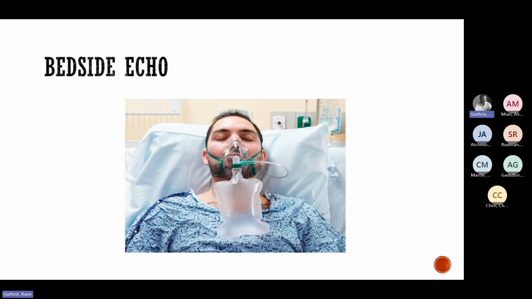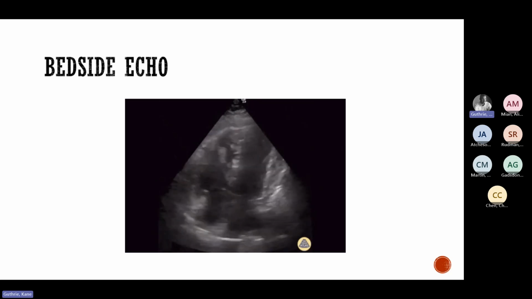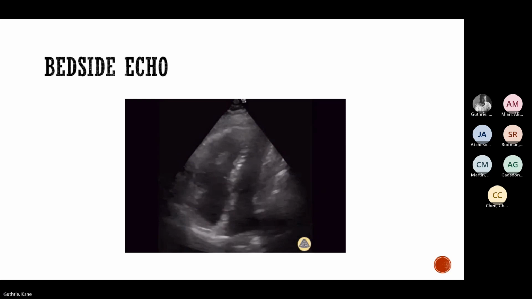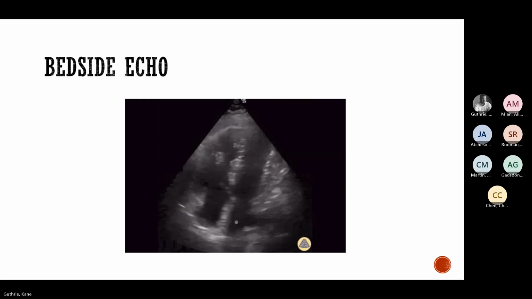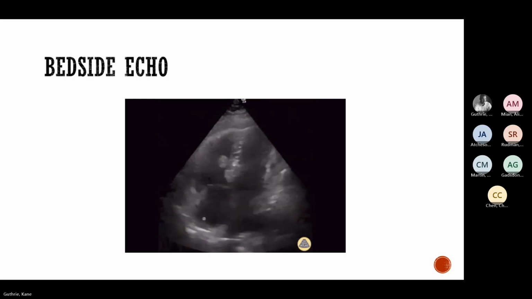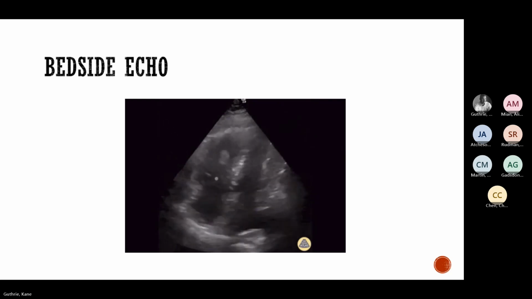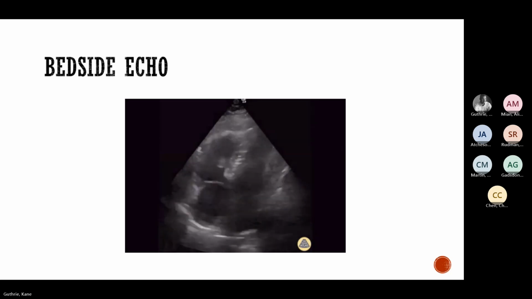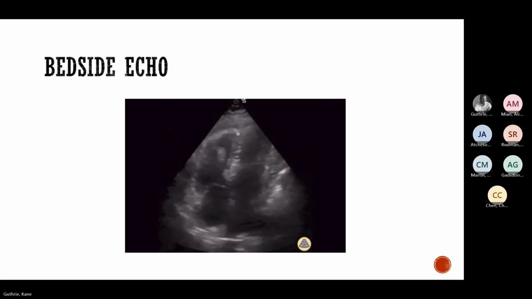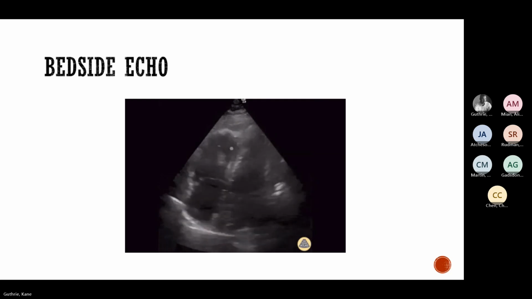Because our doctors are so good here, they like to do an echo first, and they have the ultrasound machines at the bedside. So you can see here, this is the echo.